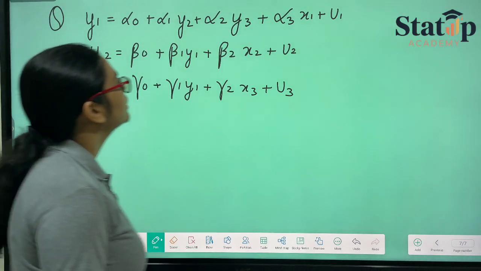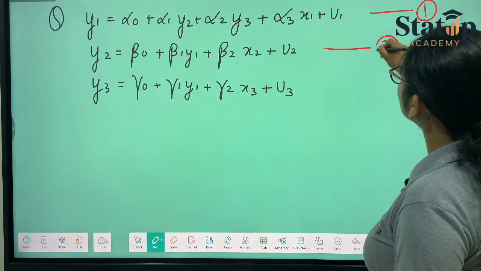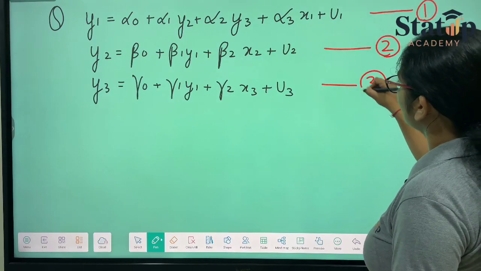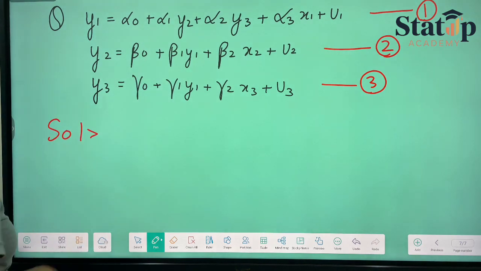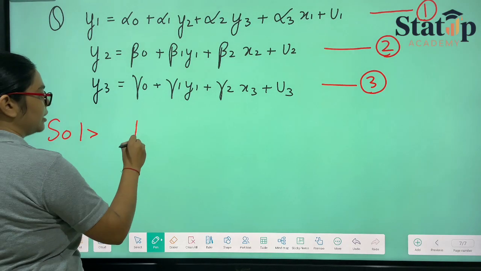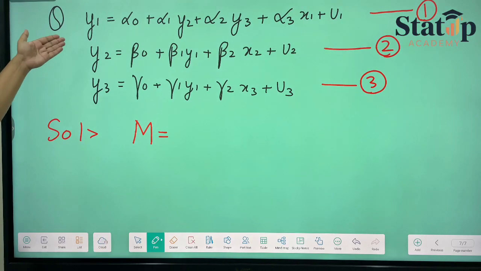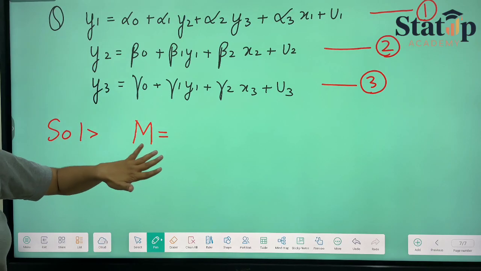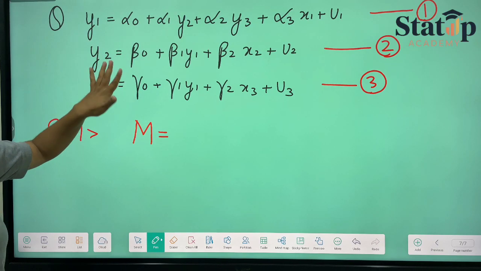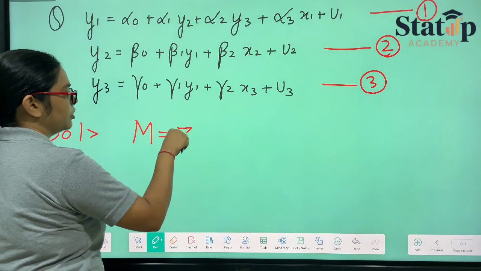Okay, so this is the question. These are the three equations, equation 1, 2, and 3. Now first we will calculate the totals. Capital M is the total number of endogenous variables, meaning the total number of y's, dependent variables. There are y1, y2, y3 in the whole model, and nothing else, so we will put 3.